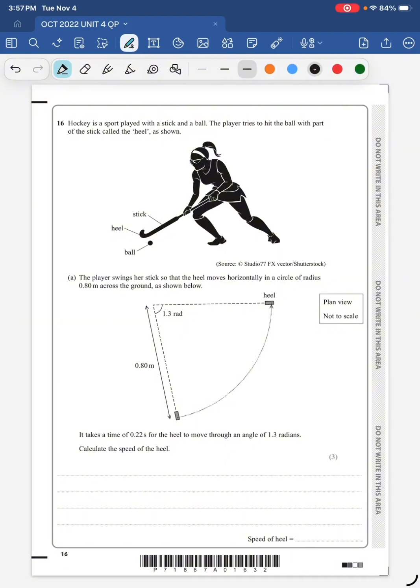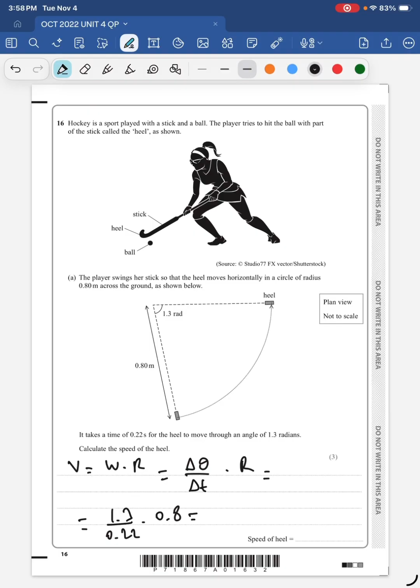Okay, so the speed is related to the angular velocity via omega times r, right? And omega is simply the change in angle over the change in time. So let's plug in numbers. Delta theta is 1.3 radians, and radians have no units, so you use them as is, over 0.22, times 0.8 meters.